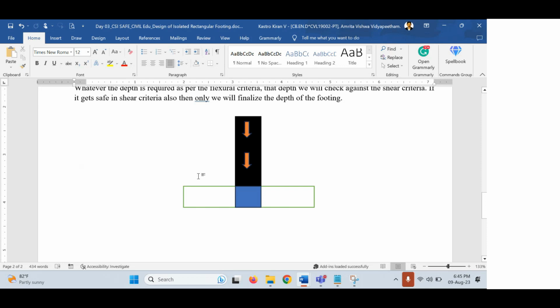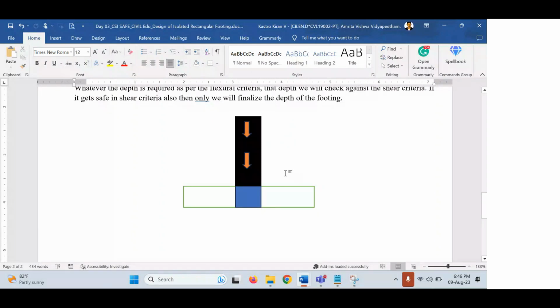Now, you might have a question: why are we considering only the stiff area as the most important one, and not these cantilever portions, even though they are experiencing loads? It is because the load that is coming from the column into the stiff area is much, much larger than the soil pressure acting on the cantilever portions of the foundation slab.